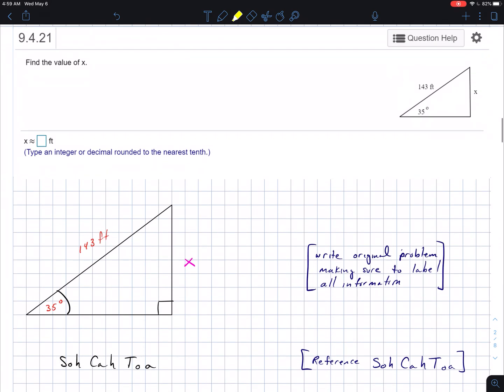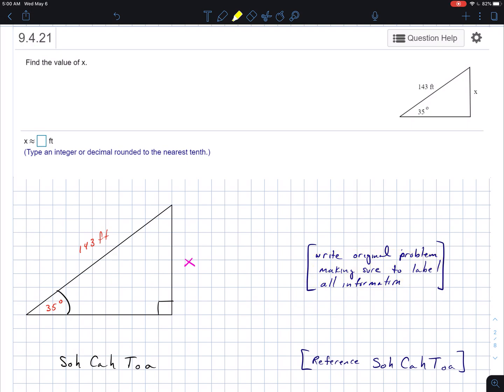Okay, 9.4.21 says simply find the value for x. I did exactly what I have been doing. I redrew the triangle, and I input all the information that I have.